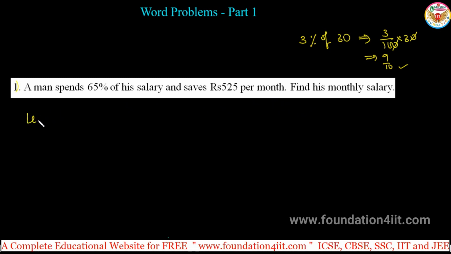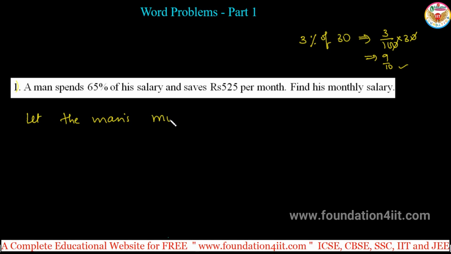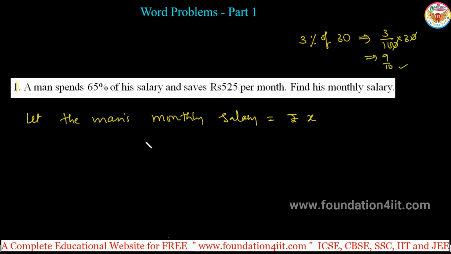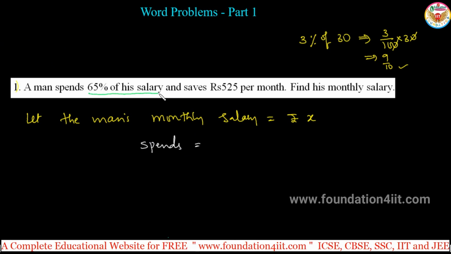Let the man's monthly salary be rupees x. Monthly salary you have to find out. And he spent 65% of his salary, but the saving is 525. So he spends 65% of his salary, the word of his salary.